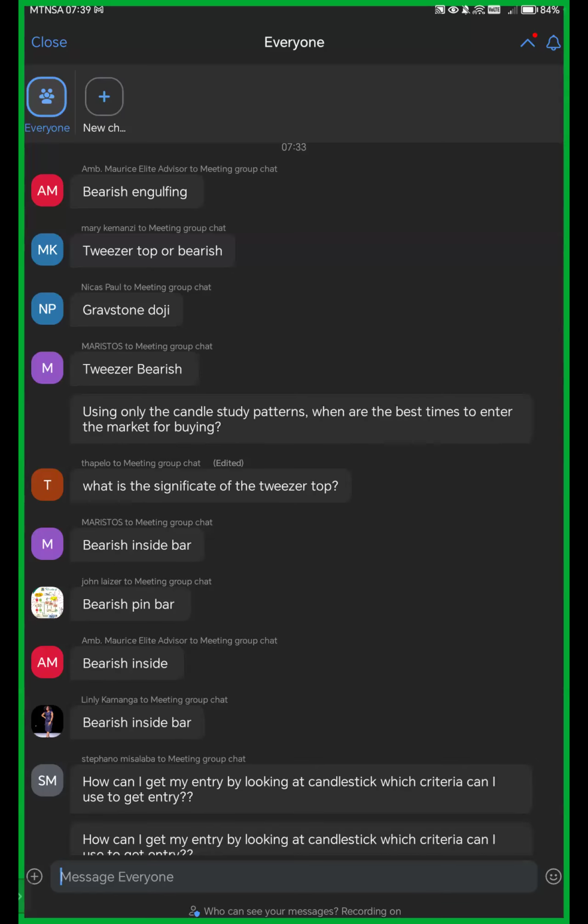Using the candlestick study patterns, when are the best times to enter the market for buying? Okay, Maristos, when it comes to time frames, it depends on you. There are people who want to trade in shorter time frames, but those are entries.